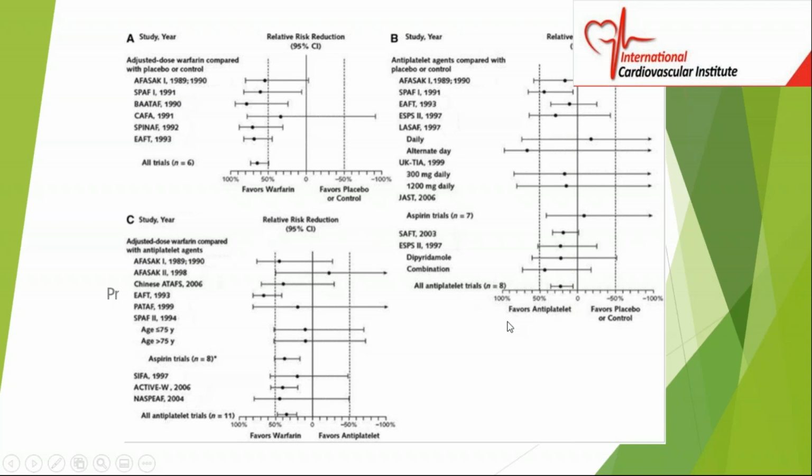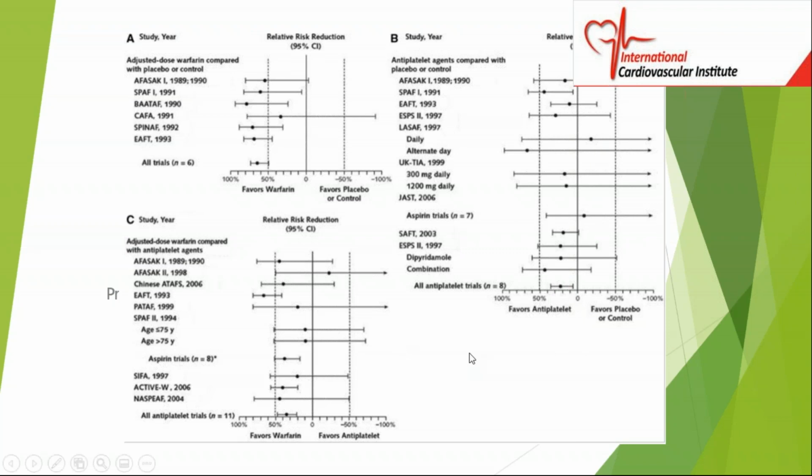And then we went over to look at antiplatelet therapy compared to placebo. These are some early studies as well. The majority of the studies were to the left of the zero line, but there are a couple that were to the right.